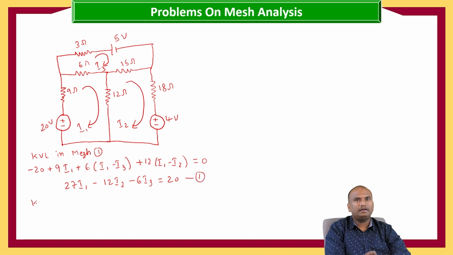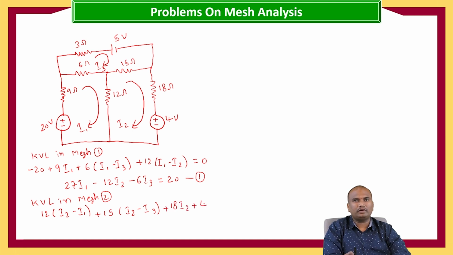Now KVL in mesh 2, that is 12 into I2 minus I1 plus 15 into I2 minus I3 plus 18 into I2 plus 4, which is equals to 0.